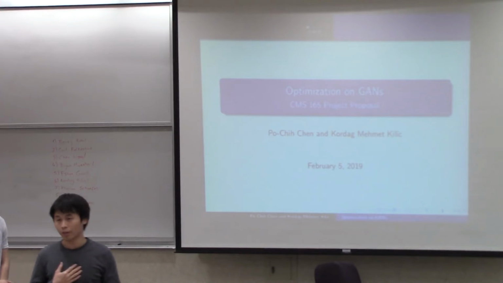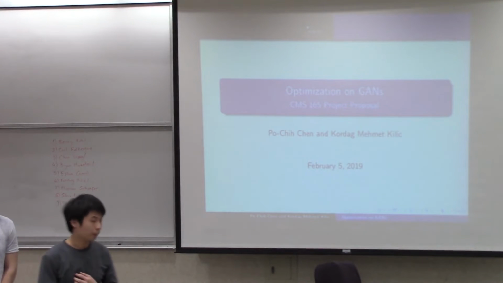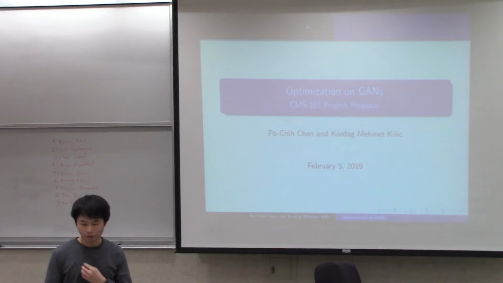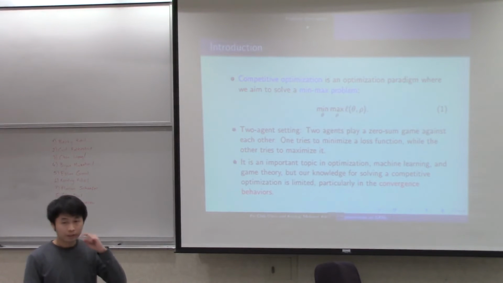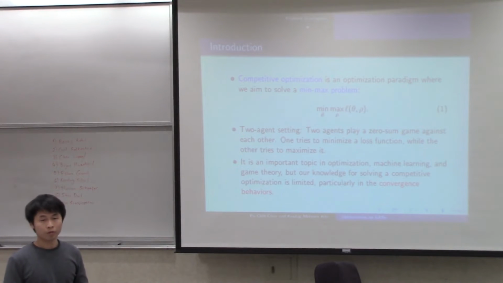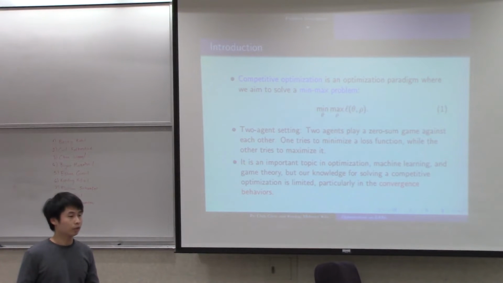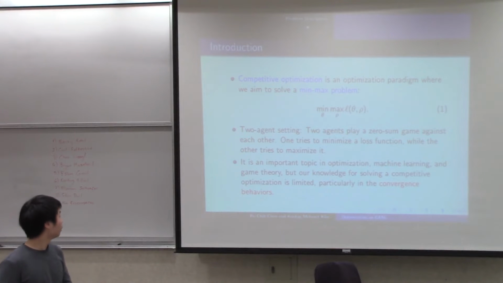Hi everyone, I'm Bochi and this is Porta, and today we are going to talk about our project, optimization on GANs. GAN is a particular example of competitive optimization, which is an optimization paradigm where we aim to solve a min-max problem.